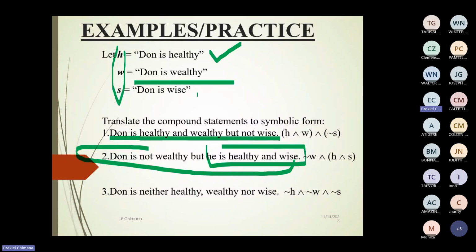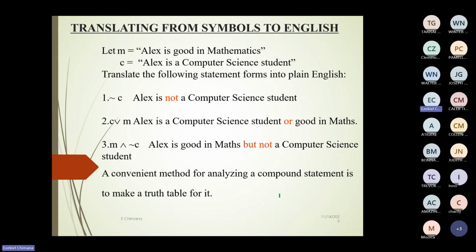Wise is S. So that's why you have got the negation of W and H and S. Done is neither health, wealth, nor wise. Then we are just negating everything there, just negating everything, and we are using the and operator. Do I have questions here?